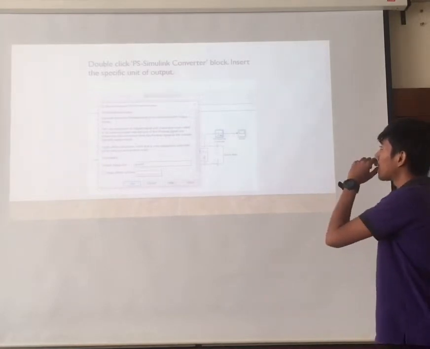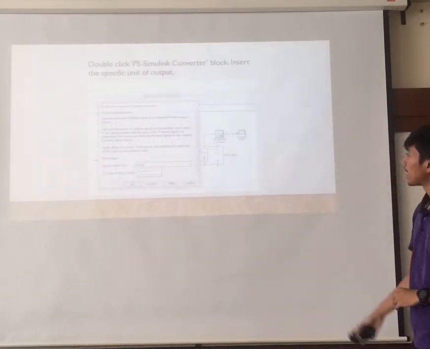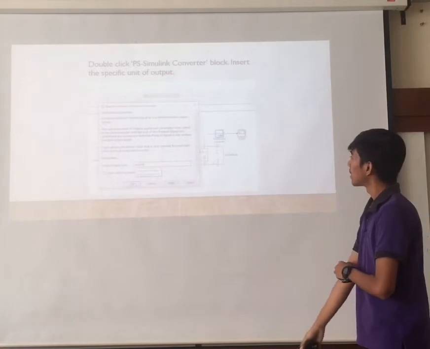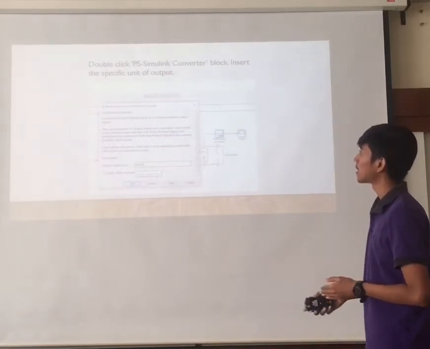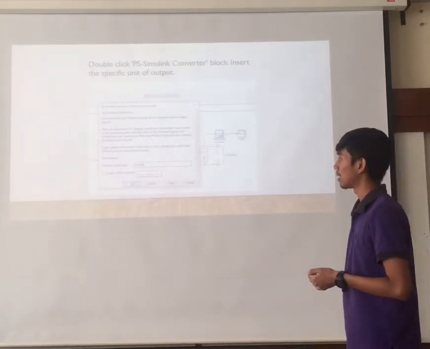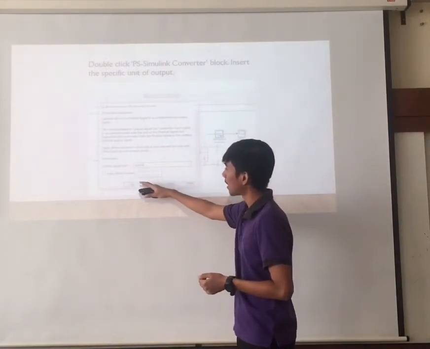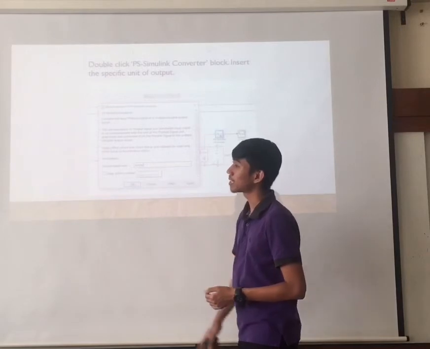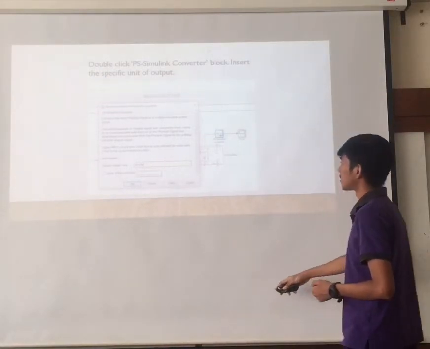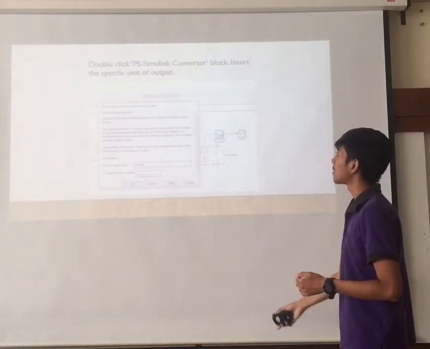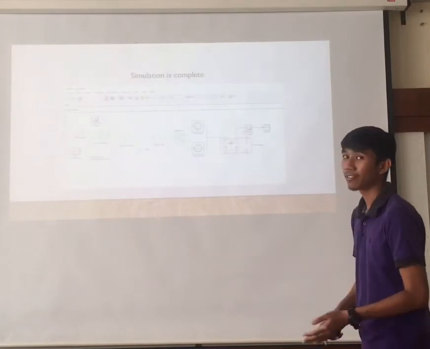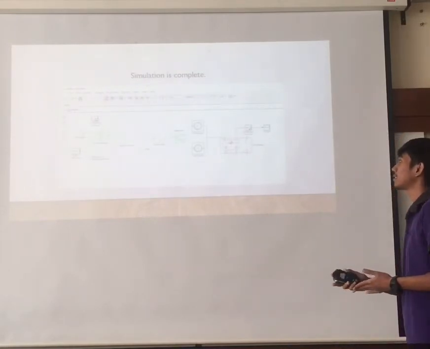Then double click on the PS-Simulink converter and insert the specific unit of output. Here, we want to use velocity in kilometers per hour. Then apply it. So our simulation is complete.